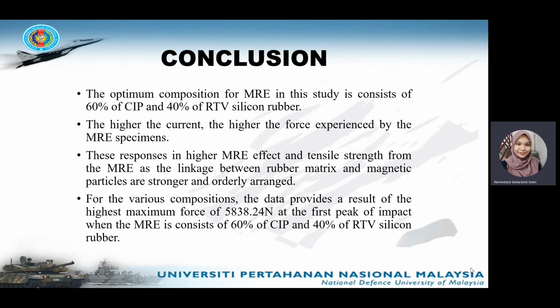For the various compositions, the data provides a result of the highest maximum force of 5,838.24 Newton at the first peak of impact when the MRE consists of 60% of CIP and 40% of RTV silicone rubber. That's all from me.